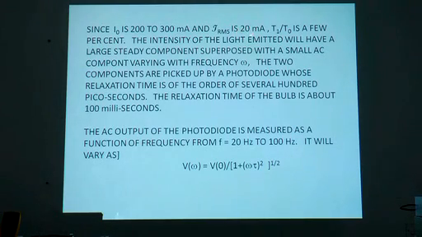That means the AC current is only 10% of the DC current. Then T1 by T0 will be a few percent.